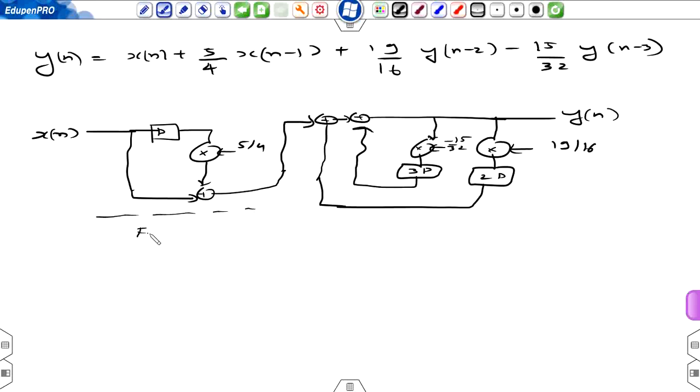So this is the FIR part, that is non-recursive, and this is the IIR part. So you have already seen that by applying look ahead transformation, the circuit is divided into two parts, FIR and IIR.